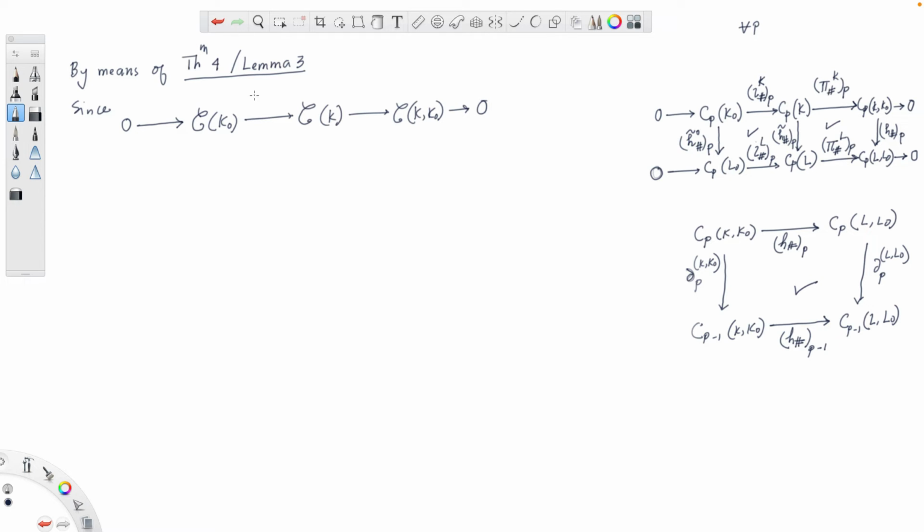This is the chain map induced by the inclusion map associated with the simplicial complex K, and this is the chain map pi hash K induced from the projection map.